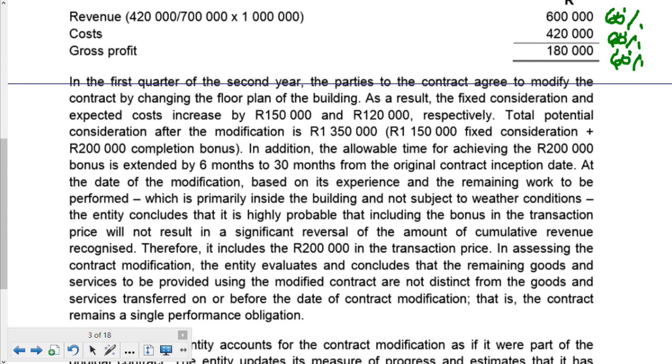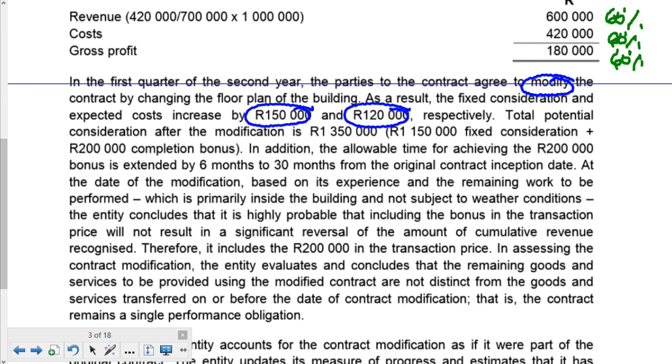So because of this modification that they've agreed with the client, we're going to increase price by 150 and costs will go up by 120. Total potential consideration is therefore 1350, which is the 1150 and the 200 bonus. And then total costs is the 120 plus the 700 that we had, 820.